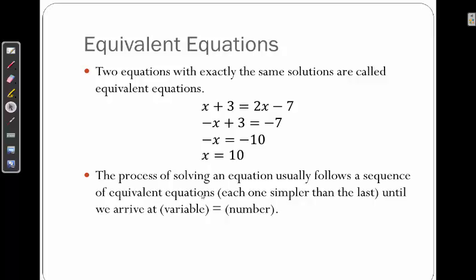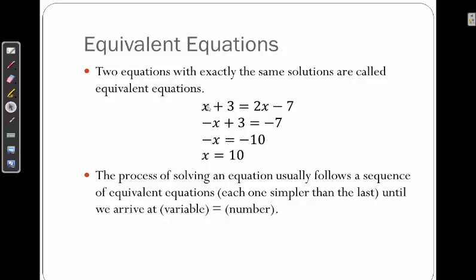Simplifying, you're just rewriting something, so the number you start with is the number you end with. Solving equations is all about manipulating an equation so you come down to a certain form, x equals. So you have a lot more freedom with the things you can do to equations than the things you can do in just simplifying.